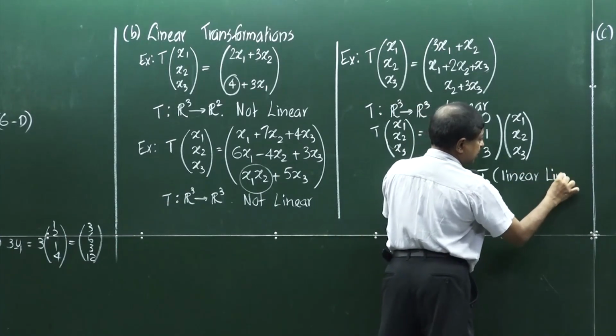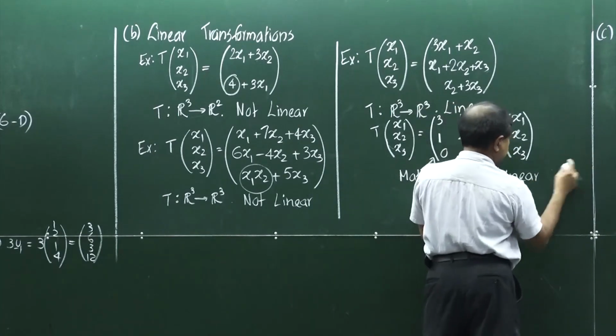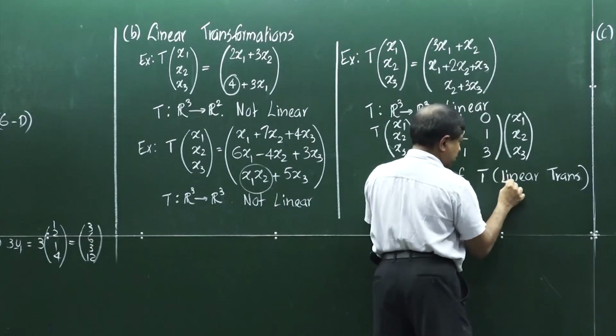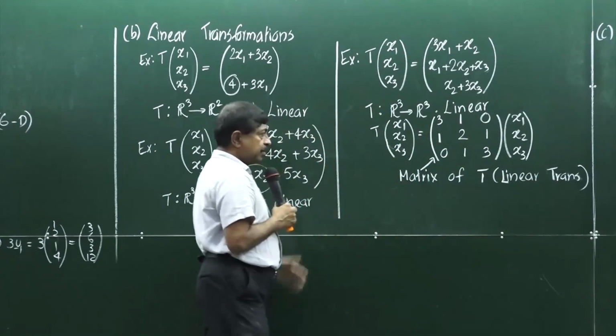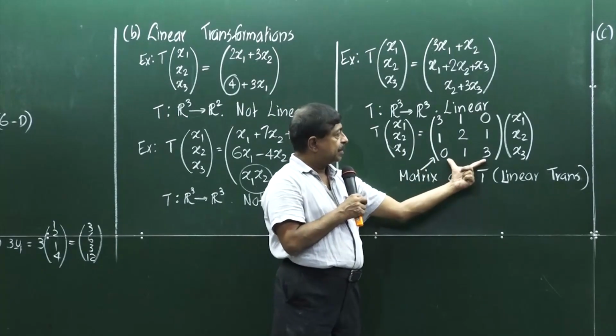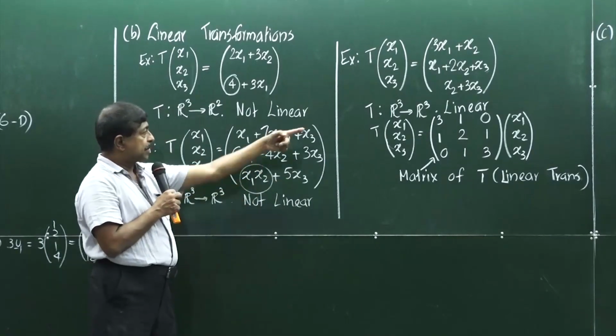If it is not linear, T is a linear transformation. If it is linear, you can always represent it using a matrix. But here you cannot. You cannot write it as a product like that.